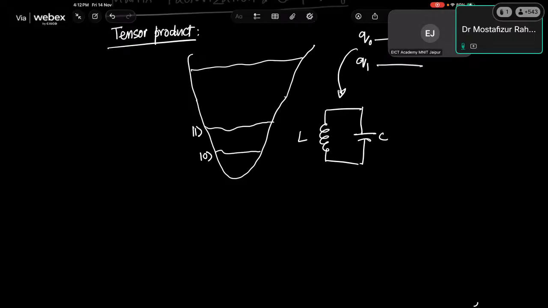This is just for one particular superconducting qubit, right? And suppose you have another LC oscillator, right?